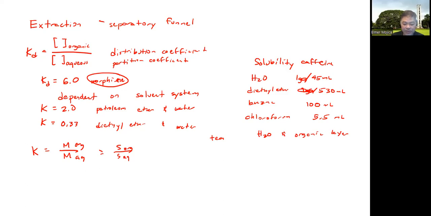Now, how are we going to represent the K? Let's say we're going to use chloroform and benzene.